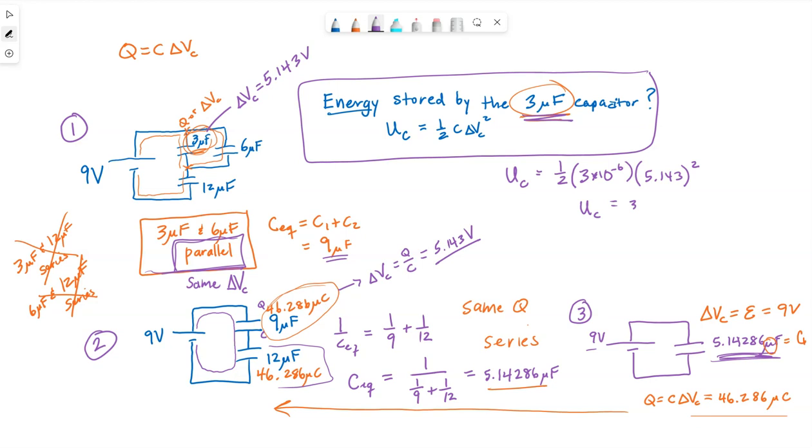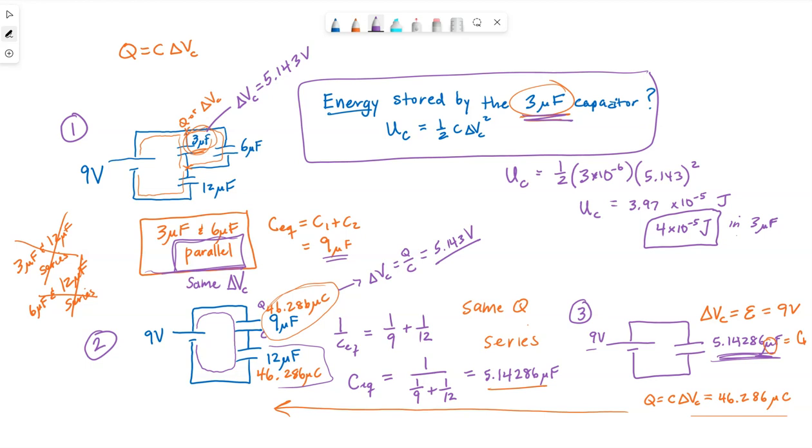I'm getting 3.97 times 10 to the negative 5th. Our units will end up to be joules. So a farad times a volt squared is joules. So essentially we have 4 times 10 to the negative 5th joules of energy stored in that specific capacitor. So in the 3 microfarad capacitor.